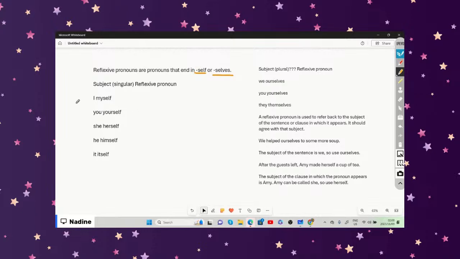Then we have a singular subject reflexive pronoun. It's like saying I, myself, you, yourself, she, herself, he, himself, and it being a thing or animal, itself.